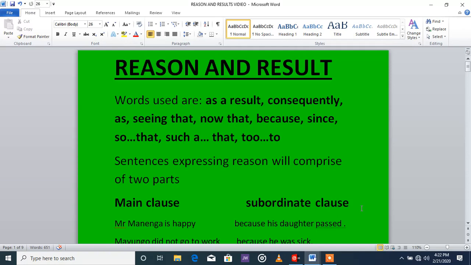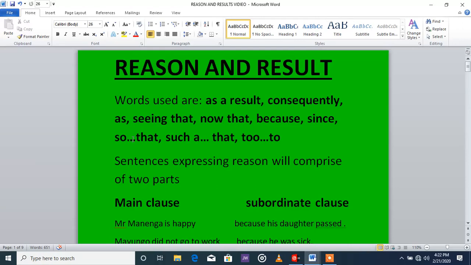Now, when we look at reason and result, we have the following words. We have as a result, so those that are in bold have a result. Then we have words like consequently, as, seeing that, now that, because, since, and so.